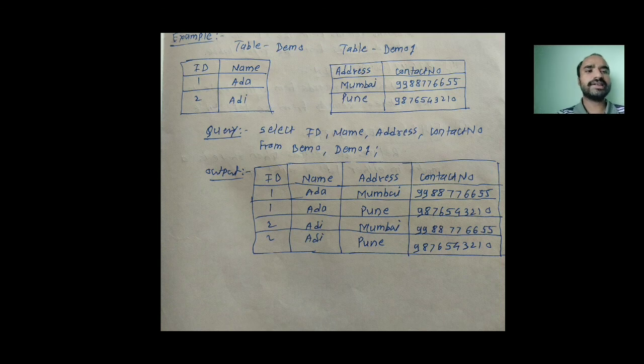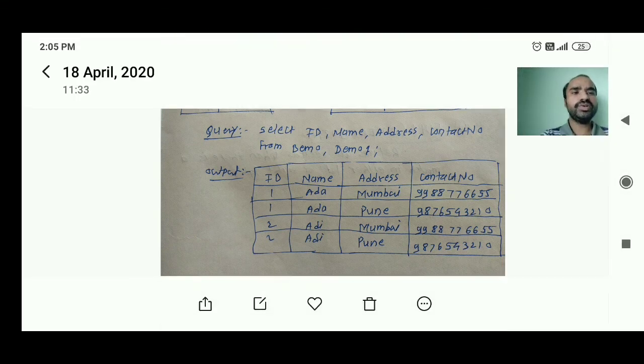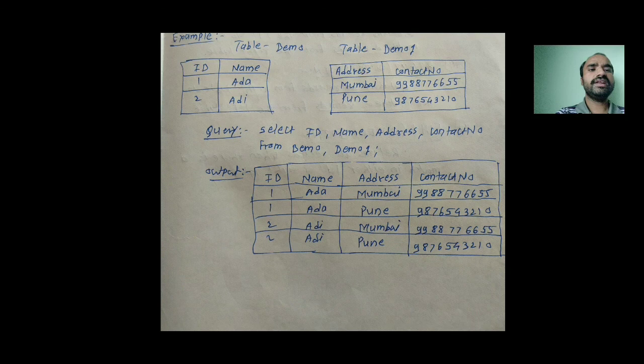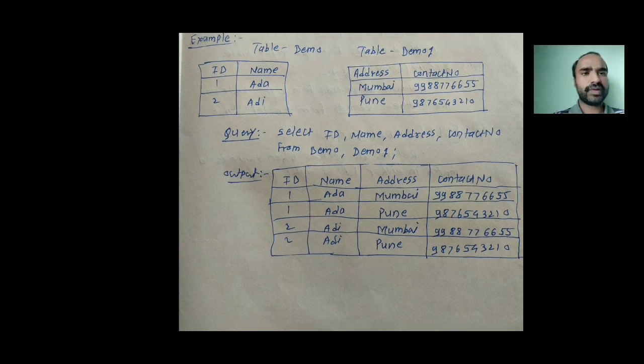So it will give a Cartesian product, and it will affect your database size. So in that case, other joins are used. So inner joins are there. When you use inner joins, it will get records which are common between the tables or the query.